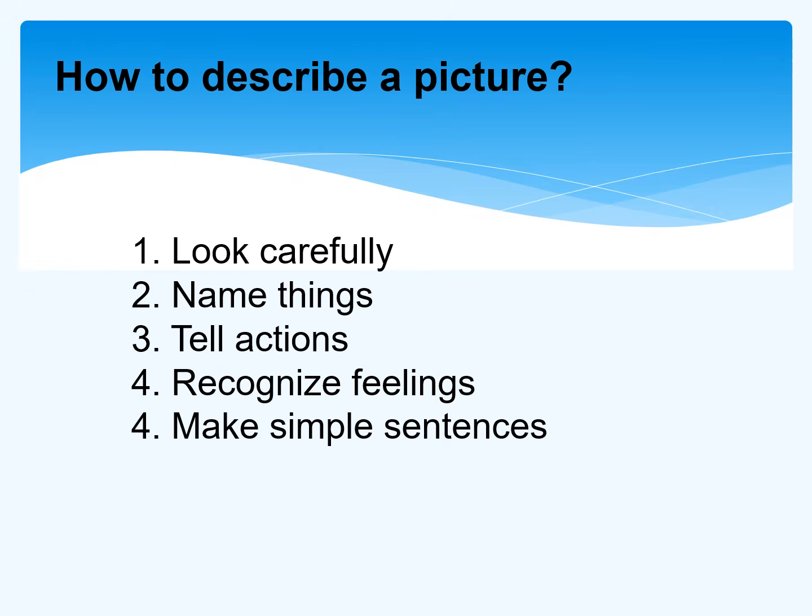We will try to recognize the feelings of the people. And then at the end, we are going to make simple sentences. Remember, students, that you have to start the sentence with a capital letter and end it with a full stop.